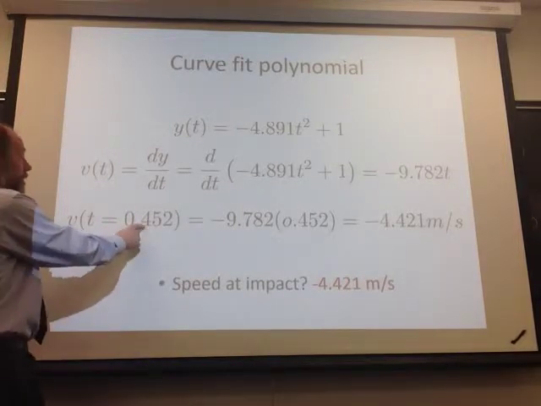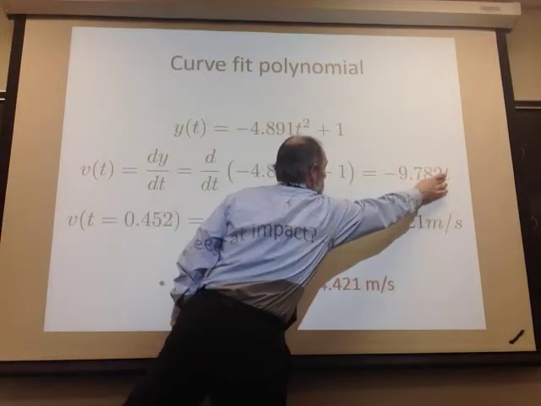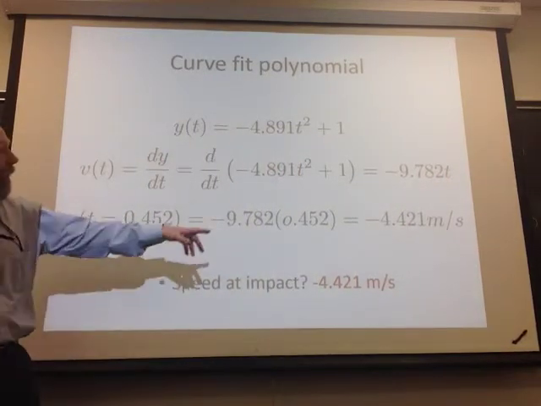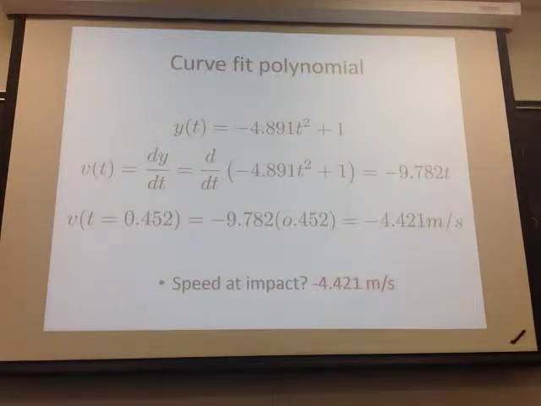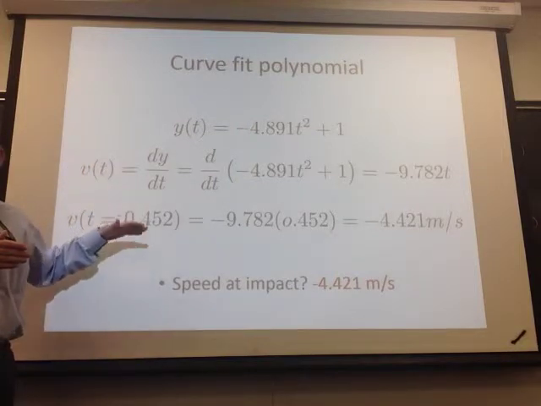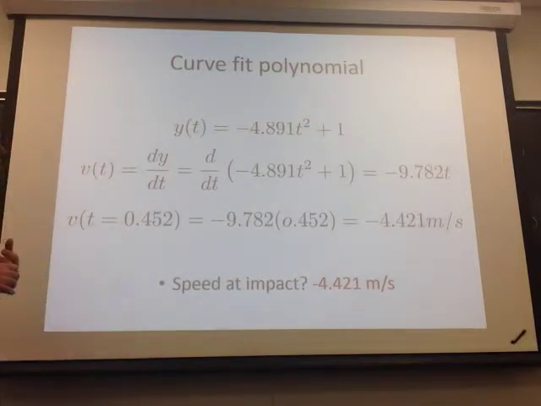So we simply plug this value of t into the equation here, and it comes out to minus 4.421 meters per second, which is significantly greater than the 4.13 that we originally estimated by looking at the time intervals. So it gives you a more precise, more accurate answer, and it's faster. This is much faster than trying to go through all of those averages and time intervals.